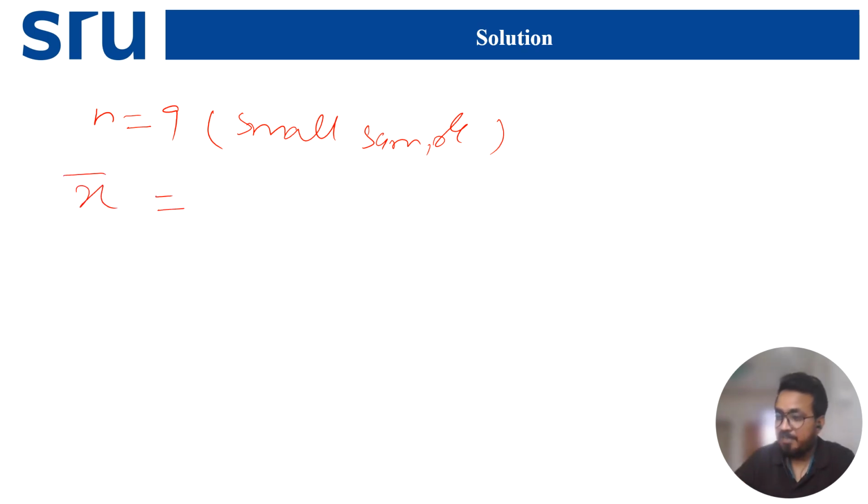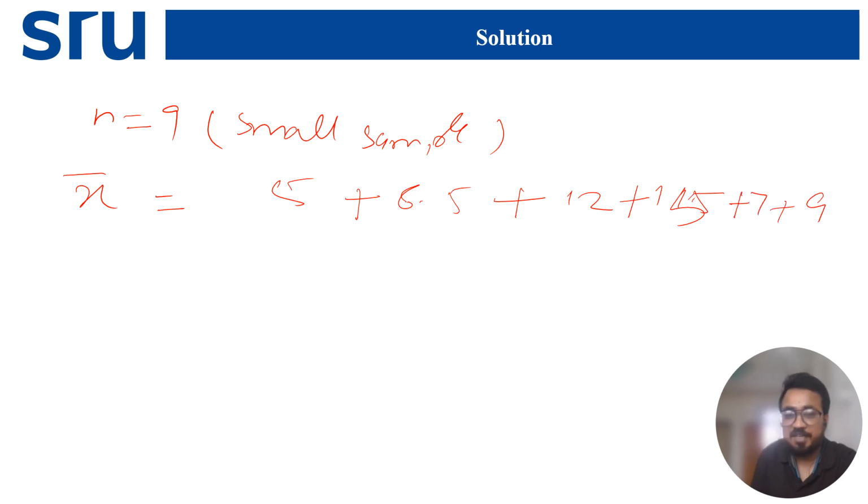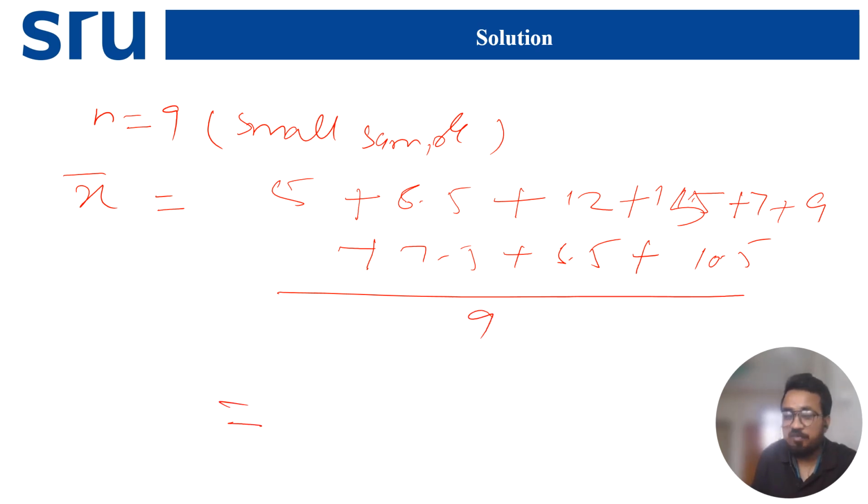If we add all the values, x bar equals 5 plus 8.5 plus 12 plus 15 plus 7 plus 9 plus 7.5 plus 6.5 plus 10.5, divided by 9. If we add all these values, we get 81 by 9, so this is equal to 9.